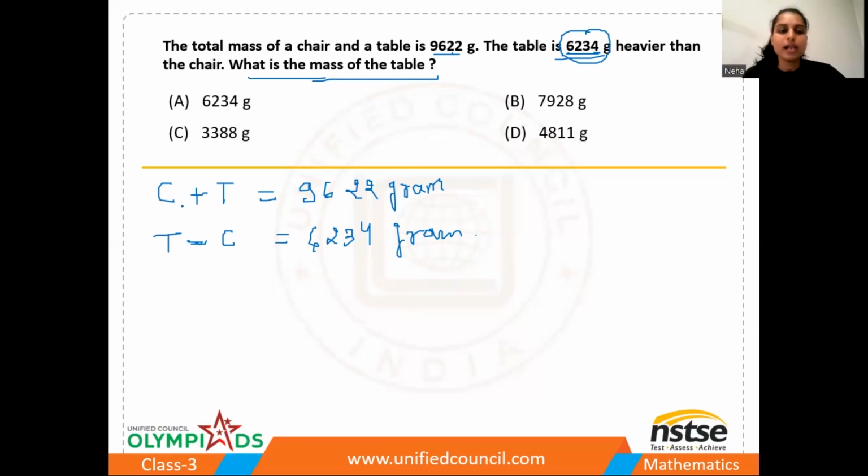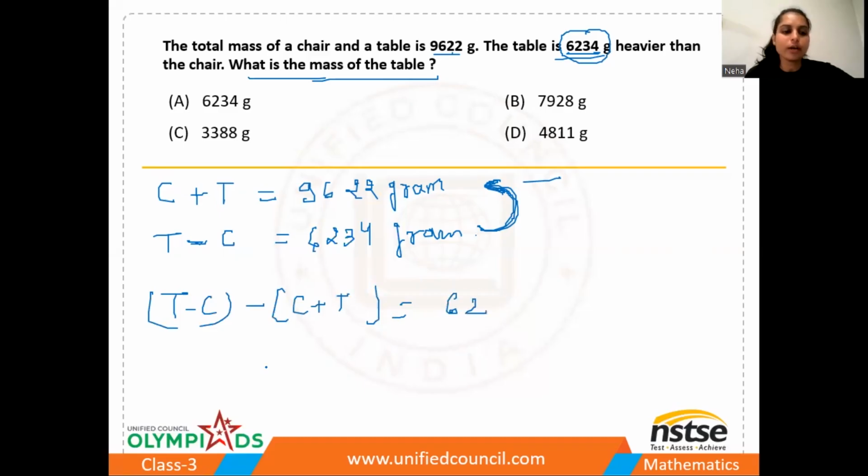So what I can do here is subtract this amount from this amount.